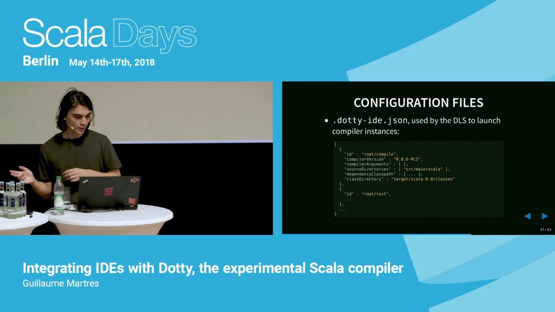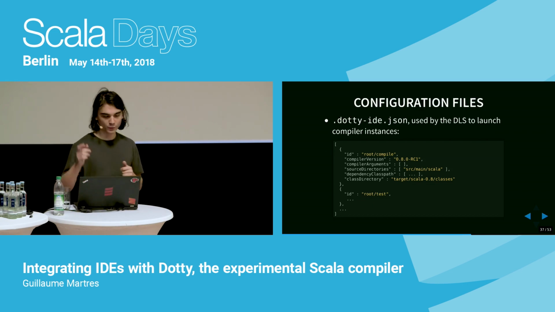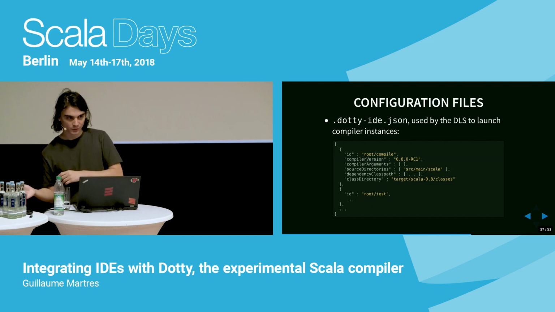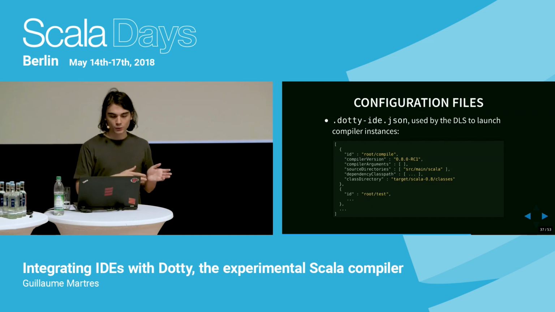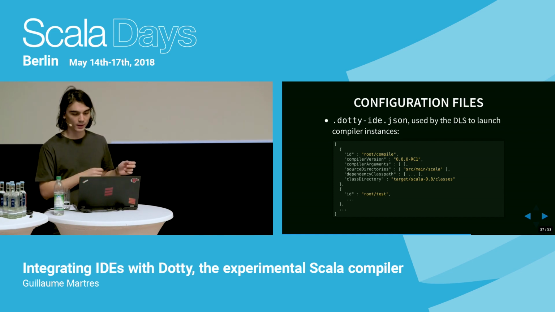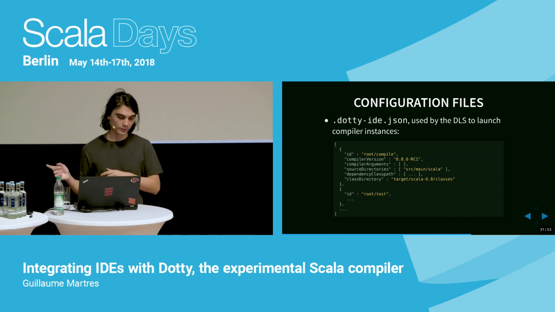So we have a JSON file which says, for all your projects, which compiler version you're using, what flags to pass to the compiler, which directories are used by this project, what the class path of all your dependencies is, and where the output of this project resides.